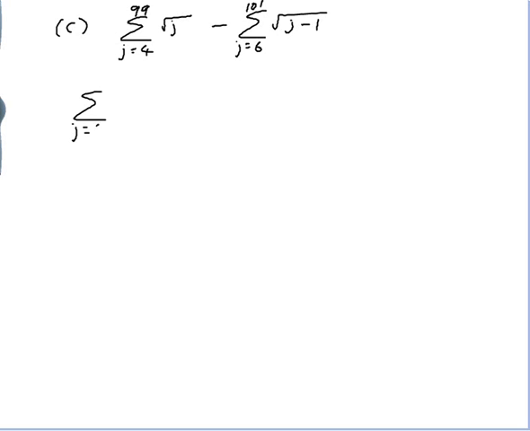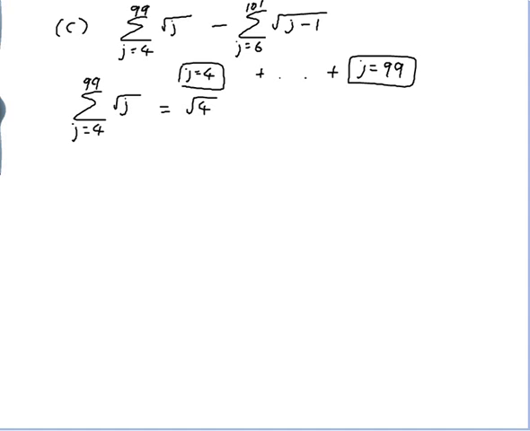The sum from j equals 4 up to 99 of the square root of j. So we would have j equals 4 as our first one, so square root of 4. And then we'd go all the way up to j equals 99, so we'd do the square root of 99.